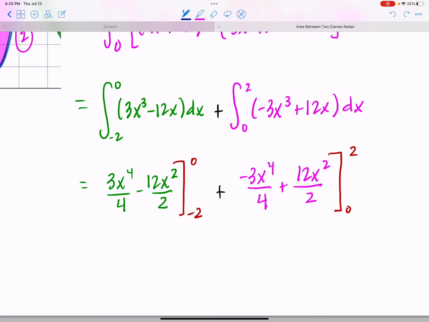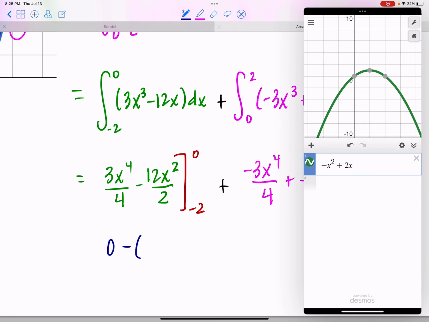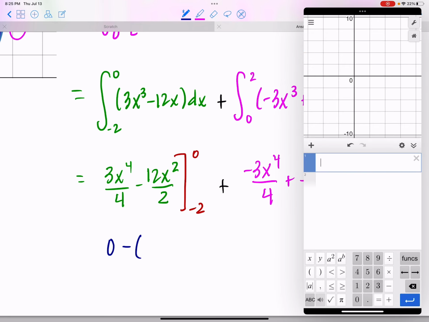Okay, so if I plug in a 0, everything zeroes out, that's good. Minus, when I plug in the -2, I'm going to get 48 divided by 4 here. So let me just, not trusting my brain now, 3 times -2 to the 4th, all divided by 4 is 12.